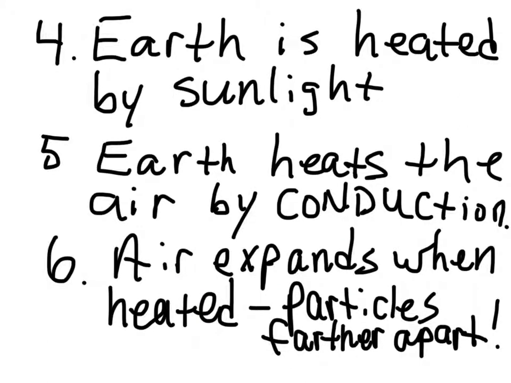Our diagram should also include some representation of the air expanding after being heated, and particles should be illustrated showing that they are now farther apart, which represents the heated air which technically has expanded.